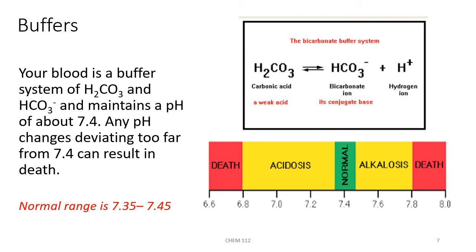If your blood pH deviates too much from that 7.4, you can either enter acidosis by going lower on the pH scale, or alkalosis if you go a little bit higher on the pH scale. So once you're out of this 6.8 to about 7.8 pH range for your blood, you can actually die because you've deviated too far. That's why we have this buffer system in place to help absorb any additional acid or base to avoid the pH becoming too high or too low.